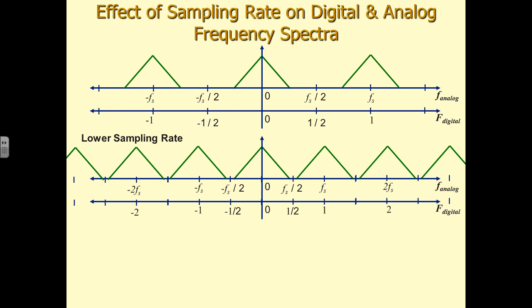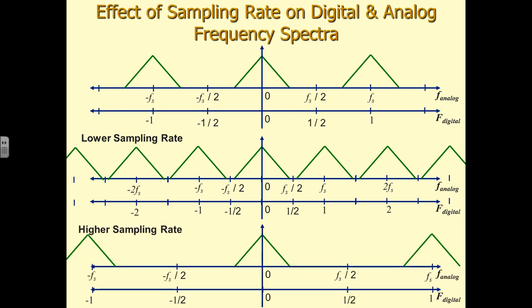So we now understand that if we reduce the sampling rate, the spectral copies in the digital frequency domain will show up more closely spaced, more close together. Whereas if we raise the sampling rate, then Fs moves out, the spectral copies move further apart, and we have more distance between each copy.